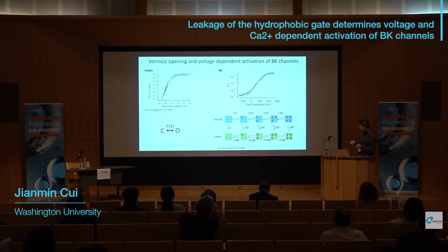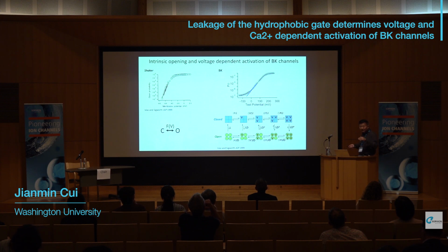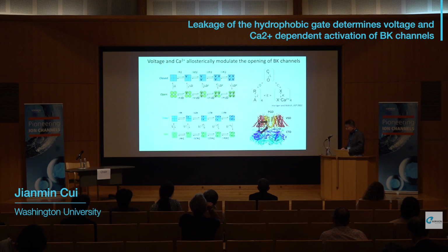On the other hand, each voltage sensor movement, and there are 4 of them because of 4 subunits, would just increase the open probability by a factor D. What this means is that the voltage sensor movement only promotes the channel opening, making the channel more preferable to the open state by this allosteric mechanism, not obligatory, but allosteric. Likewise, this is the voltage, and this is the calcium-dependent activation of the channel.